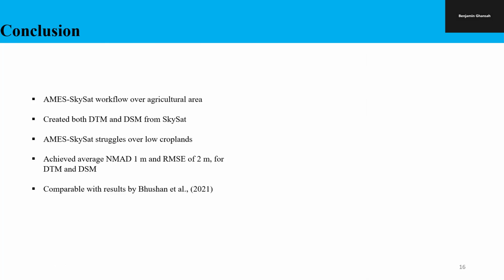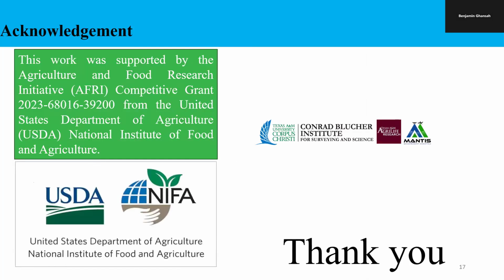On the other hand, the results achieved in this study are not out of place, and they are well comparable to results by Bushnell et al. It shows that we will need refinement in order to move a step ahead, from higher crops to very low height crops, which most studies have not tested. So to this, I bring my presentation to an end, and I say thank you.